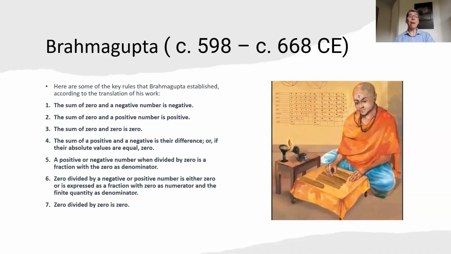These are some of the rules that Brahmagupta came up with for zero. Some of these rules are correct, others are not, in the sense that we now have different rules for dealing with zero. For example, rule number 1 says the sum of zero and a negative number is negative.